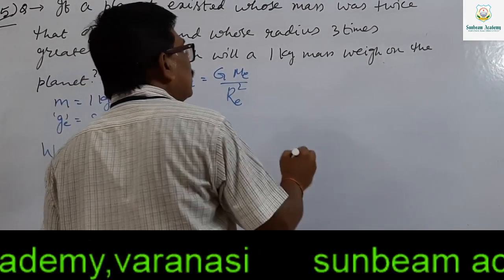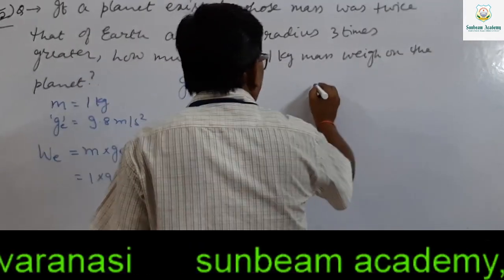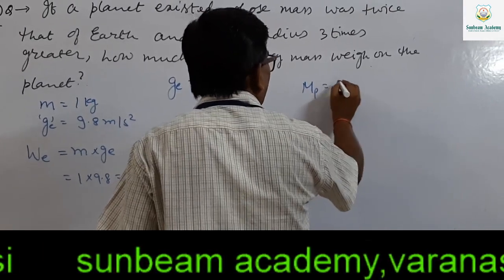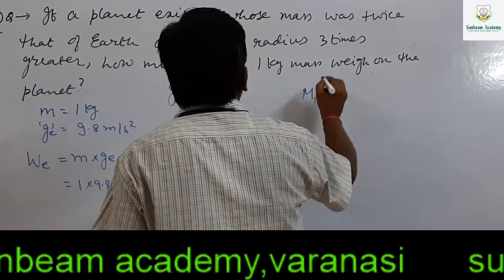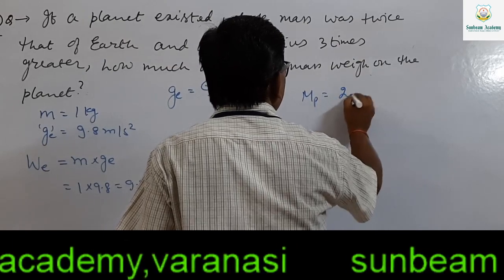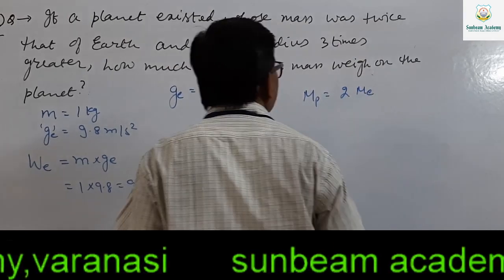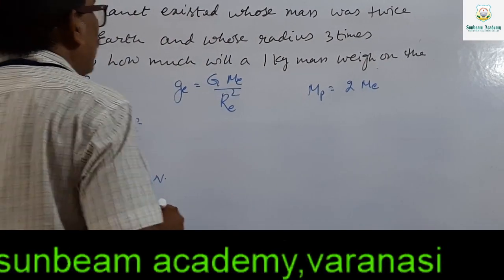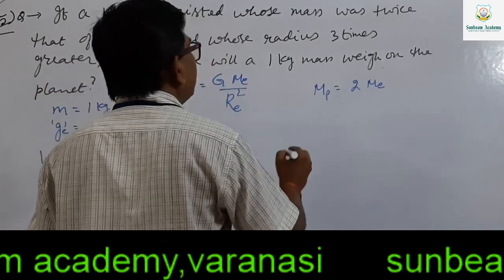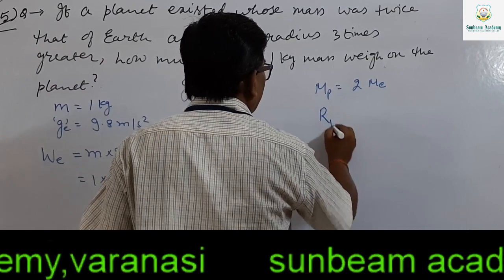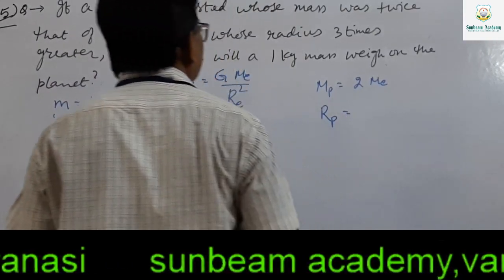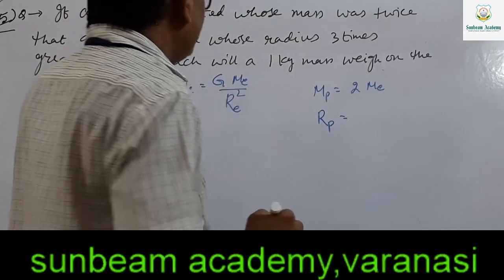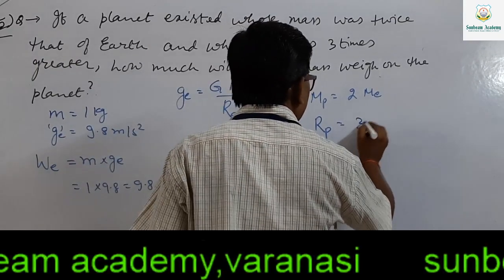Now here, the mass of the given planet is twice the mass of the earth, and the radius of the planet is 3 times the radius of the earth.